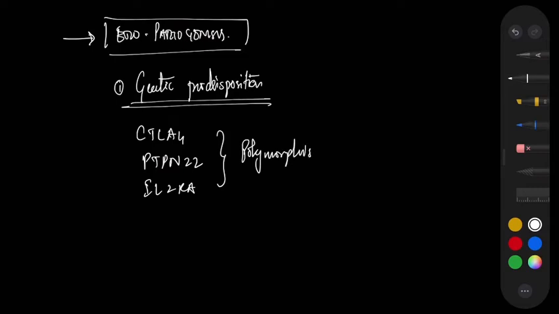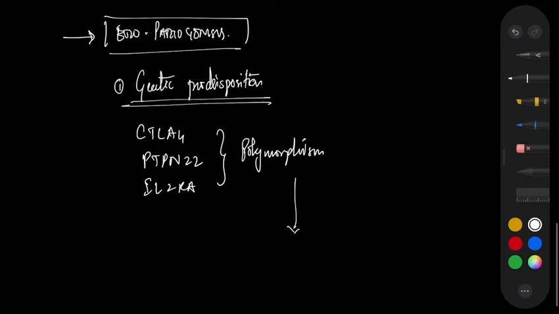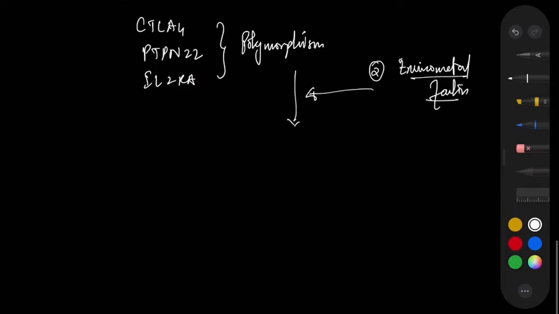Polymorphism of any of these genes, with some certain or any environmental factor, will lead to alteration in self-tolerance.